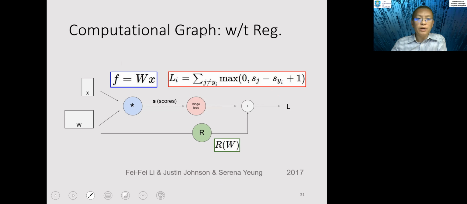And in addition to a different loss function, this is basically the metric, right? So we are trying to minimize the hinge loss in this model.